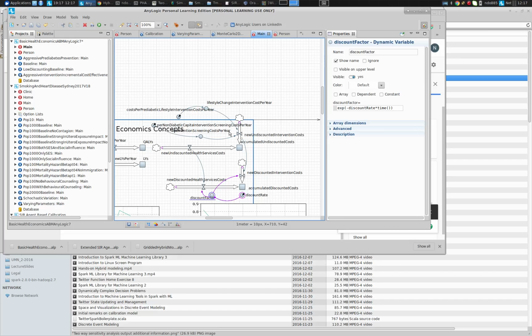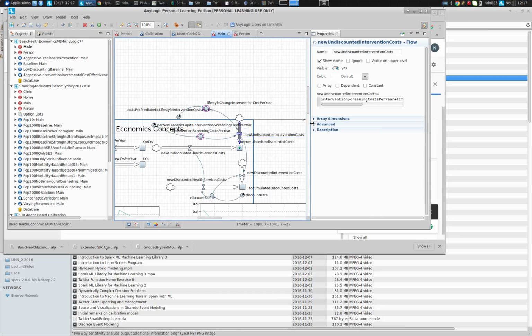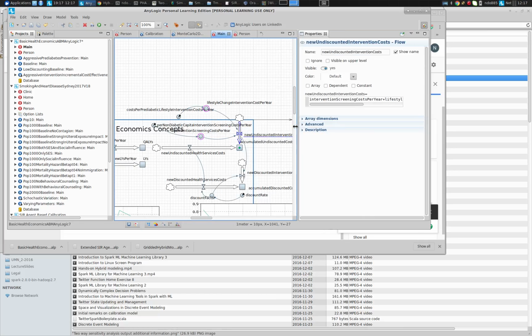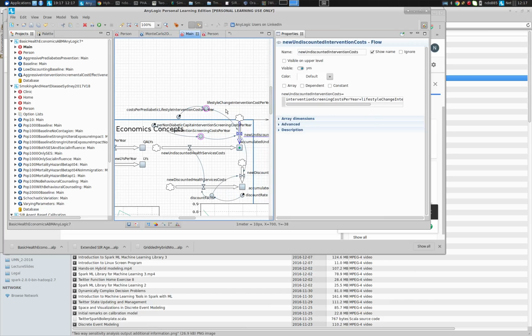in addition to this, we have costs associated with interventions, okay? And basically we've got costs associated with two types of interventions. We have screening costs per year, and we have lifestyle change costs per year, okay?